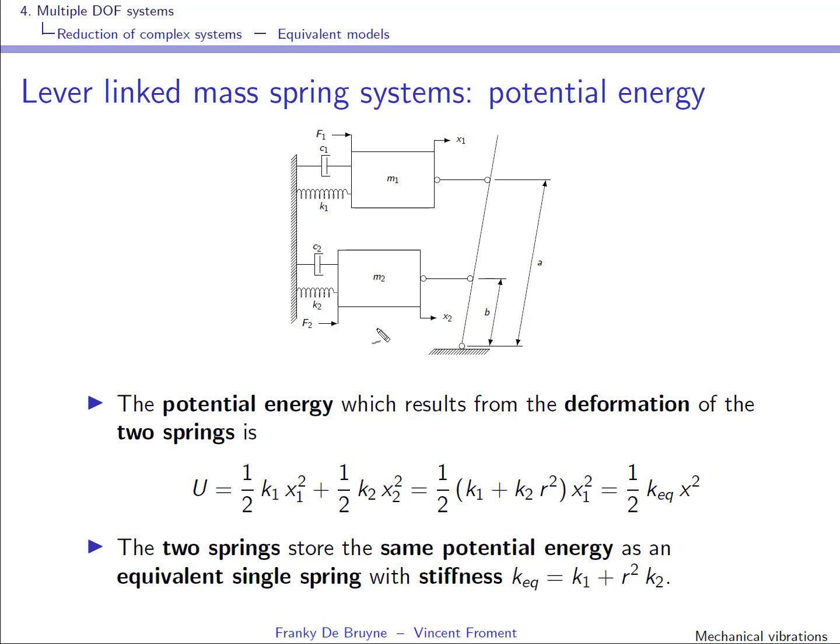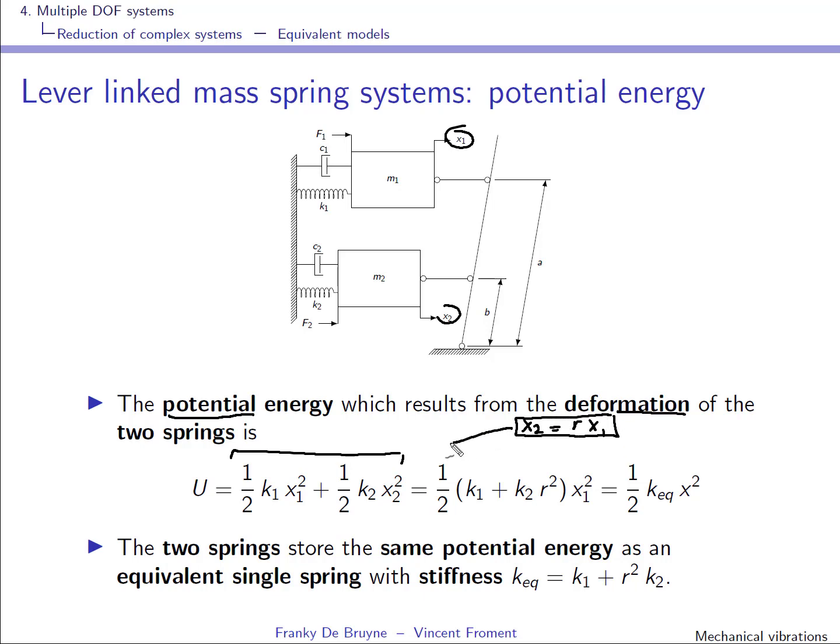Well, we have looked at kinetic energy, but we can also look at potential energy, and the idea will be, of course, to have an equivalent spring stiffness. The potential energy results from the deformation of the two springs, and they are linked to the variables x1 and x2, so it's easy to compute this potential energy. And again, we know that x2 is linked to x1 through this equation.